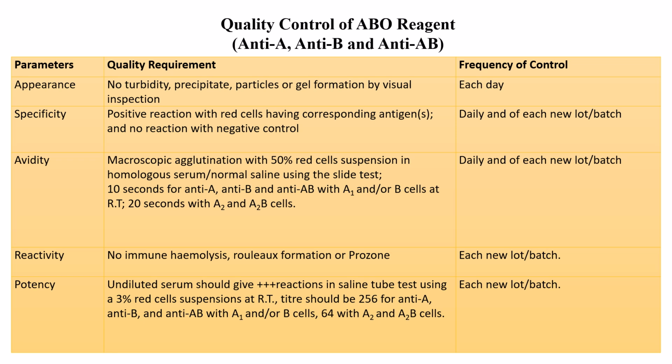Reactivity: no immune hemolysis, rouleaux formation or prozone. Potency: undiluted serum should give a 3 plus reaction in a saline tube test using 3% red cell suspension at room temperature, and titer should be 256 for anti-A, anti-B and anti-AB with A1 cells and B cells, and 64 with A2 and A2B cells.